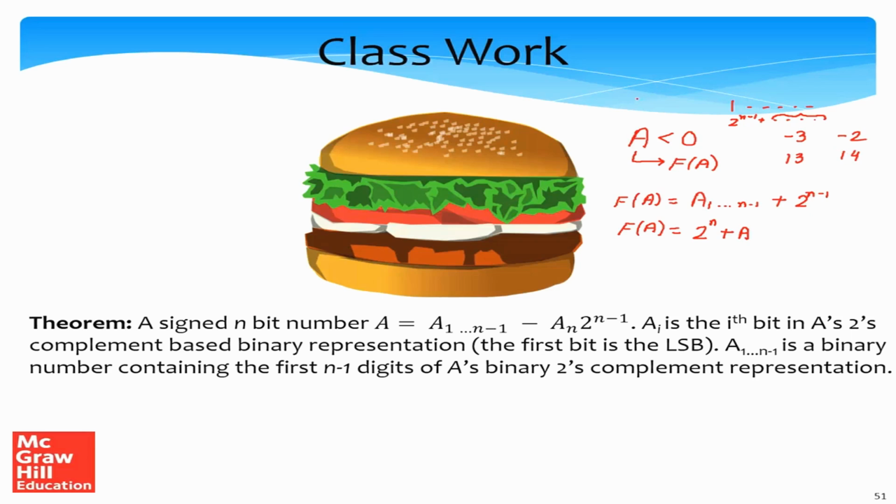So essentially, for any number of the form minus u, where u is positive, its representation is 2 to the power n minus u, right? Since the number is negative, we just add it to 2 to the power n. For example, for minus 1, I just add it to plus 16, so it is plus 15, which is 1111.